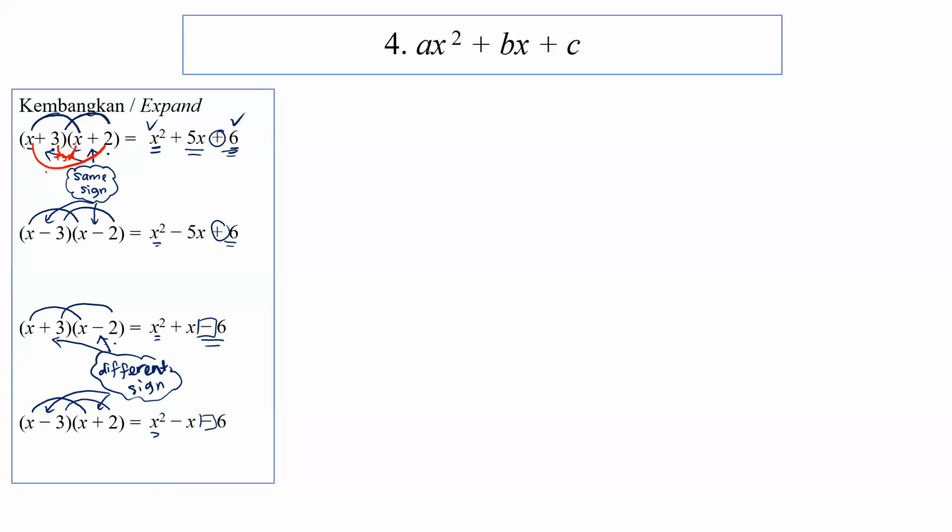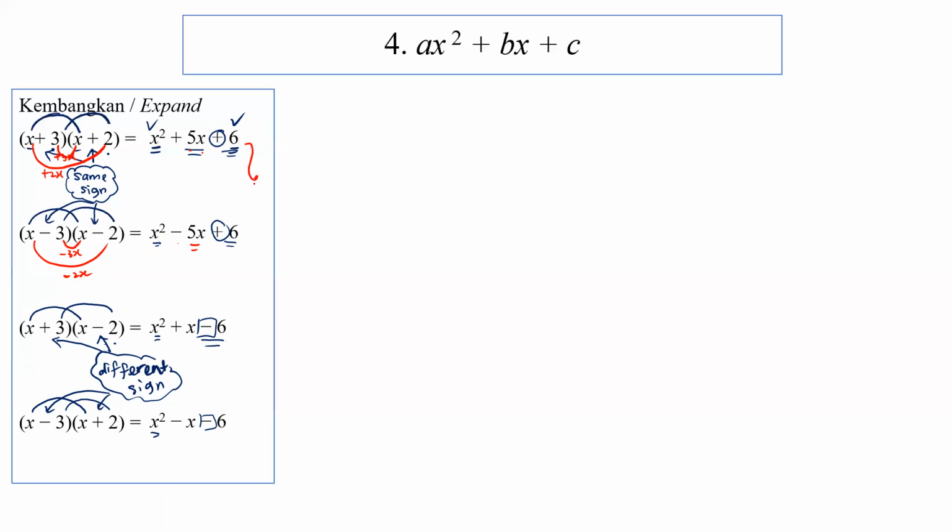X times positive 2, we get positive 2x. Same sign, find the sum. That's why I got 5x. Same thing goes for this. You have negative 3x. The inner pair, the product is negative 3x. The outer pair, the product is negative 2x. Same sign, find the sum. The sum is 5x, and follow the sign, negative.